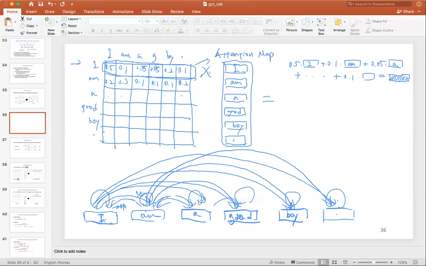And of course, you don't have just the first row. You have the whole set of attention percentages coming out of each token. So you do this another 5 times.